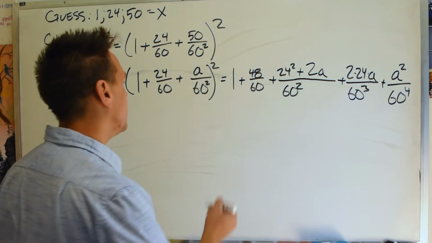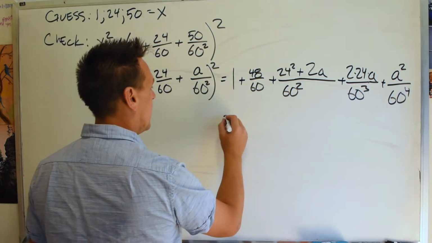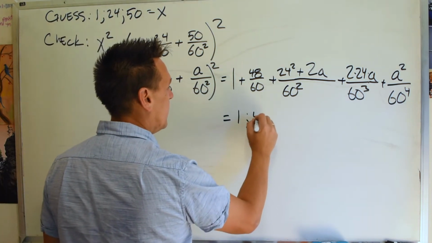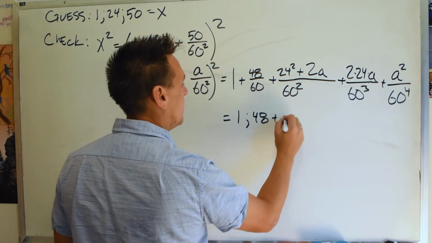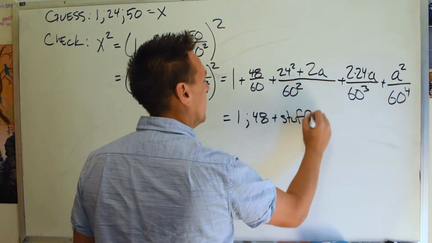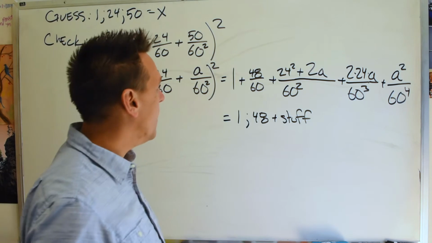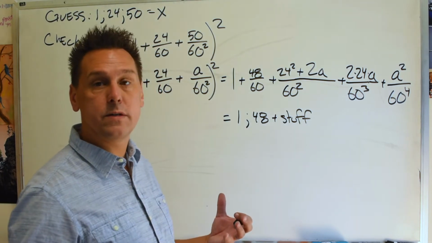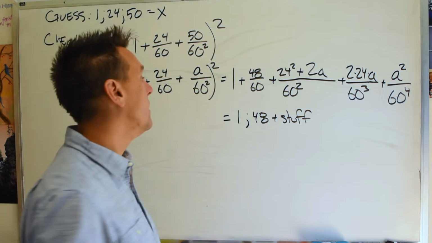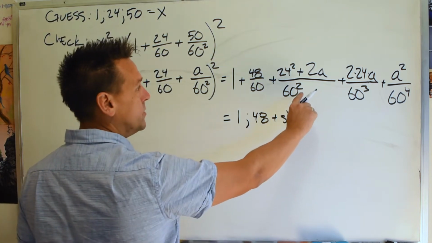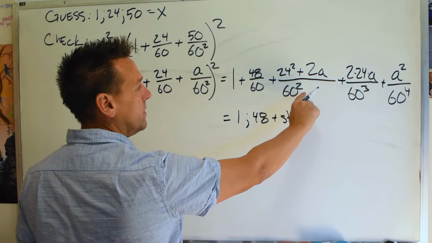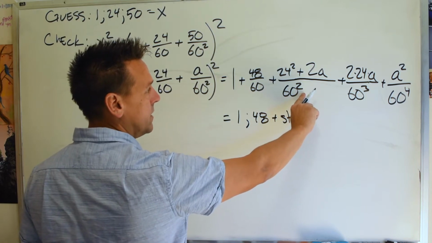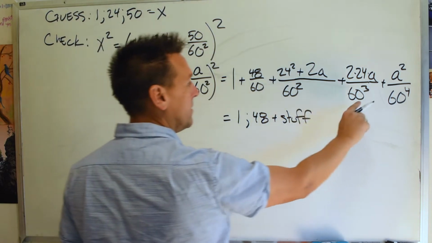So I can think about starting out with my number as 1 and then 48 and then some other stuff. I also might want to pay attention to which part of this is going to have the bigger effect on the number. I'll just use place value to guide me. 60 squared is a smaller denominator than 60 cubed.